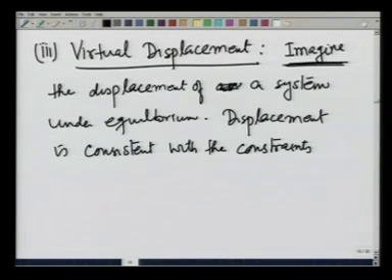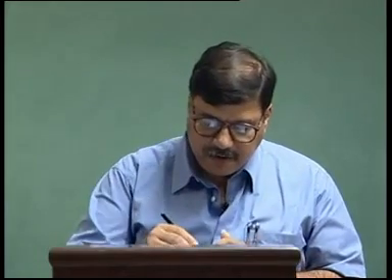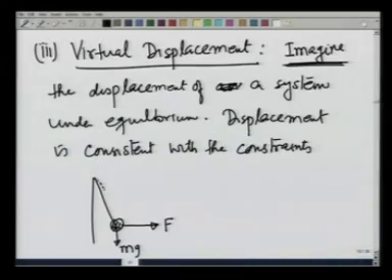So, what you are imagining is, suppose there is a body which is in equilibrium. Let us again take an example. If I take the pendulum and suppose I apply a force this way, F, its own weight mg, and it is in equilibrium. Imagine, just imagine that I displace it slightly.